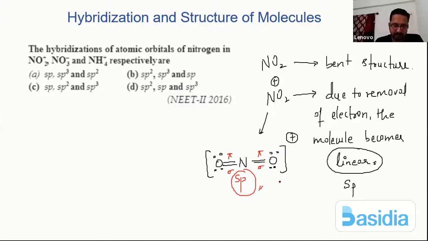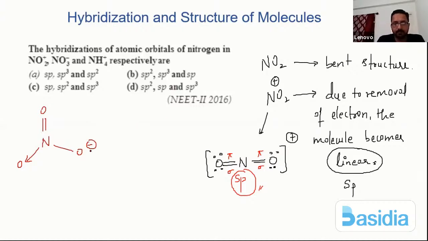Okay, now let us move on to the next structure, the NO3 minus structure. Nitrogen, double bond oxygen, coordinate bond oxygen, then oxygen with a negative charge. This is my NO3 minus structure. N with 3 oxygens, and with a negative charge on the oxygen.